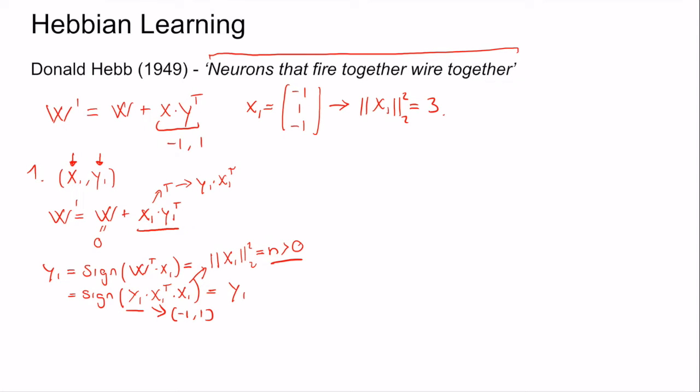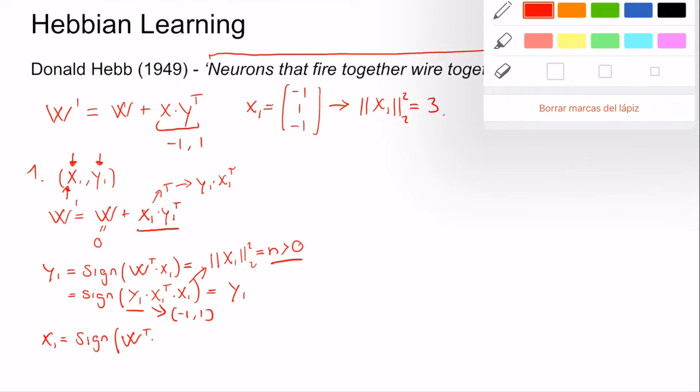Cool. Then let's check that if I feed y1, I will get back x1. So x1 should be equal to the sine function of W times y1. It's not transposed anymore because we want to keep the dimensions.